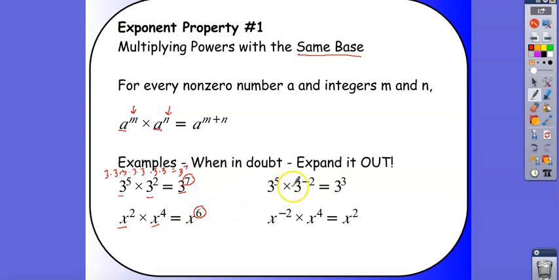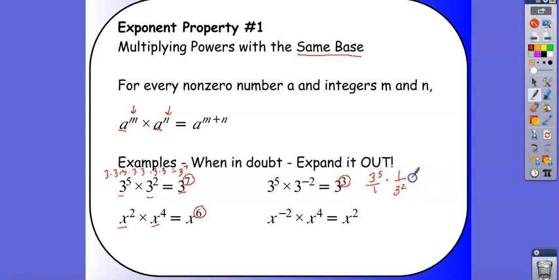Notice this. On this one right here, I could do 3 to the 5th times 3 to the negative 2. I could say 5 plus negative 2 is 3 cubed. But what if I wanted to do that upstairs downstairs rule first? Well, you could do that. You could say 3 to the 5th times 1 over 3 squared.